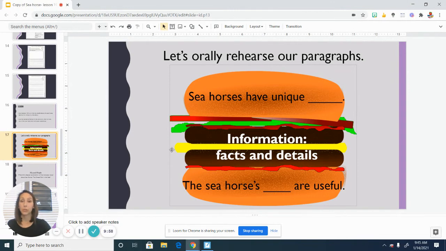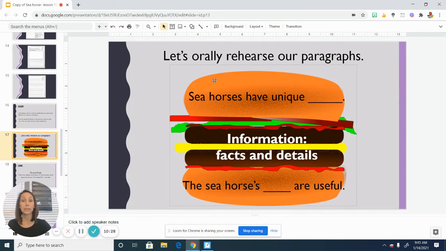So that's what you're going to do. And I really encourage you, it says orally rehearse. That means to just say your paragraph out loud before you actually sit down to write it. I think that can be really helpful for organizing it and helping us figure out exactly what we want to write and how we want to write it, and make sure that we've included every part of our paragraph. It should be 4 sentences, so you should have 4 sentences written.